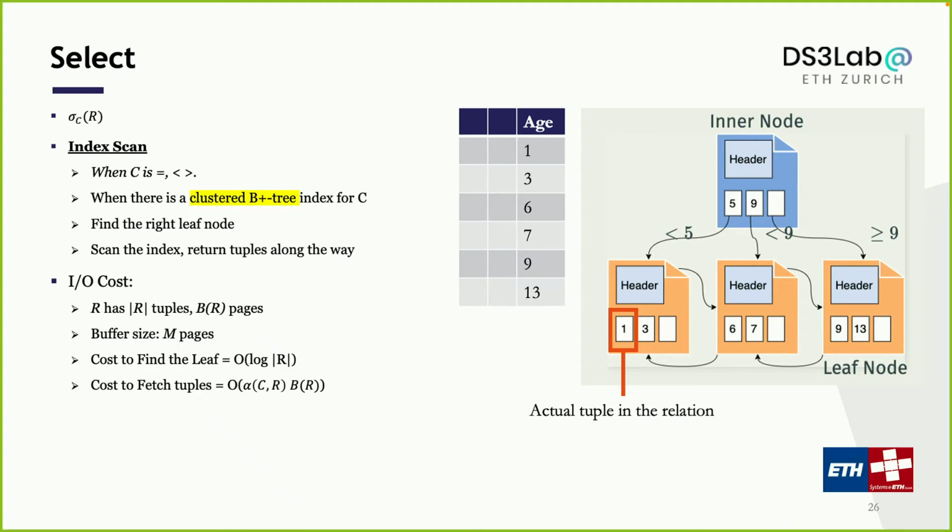So the cost I need to fetch tuples equals the selectivity of this operator multiplied by the number of pages I have in this relation instead of the number of tuples, because all of those are together. And then the cost I need to write something back is the same: selectivity multiplied by the number of pages. If you put them together, it looks like this.